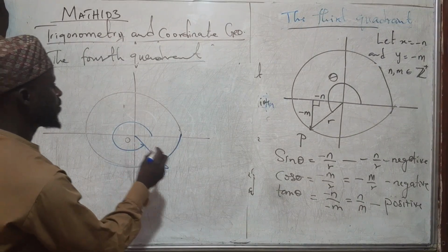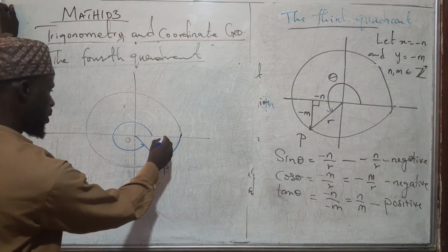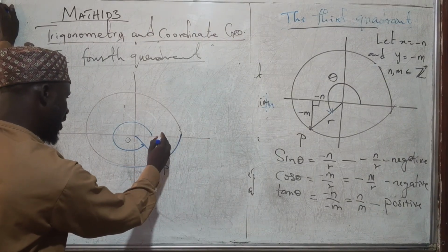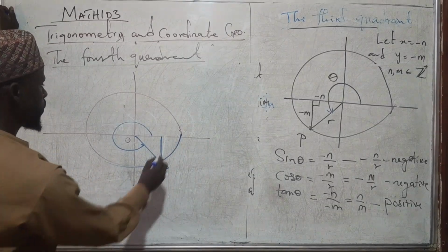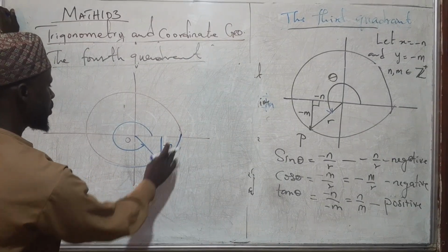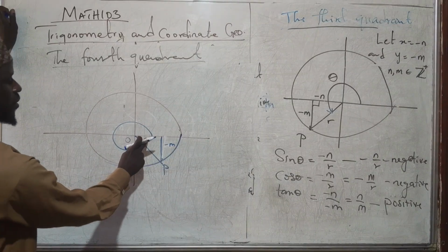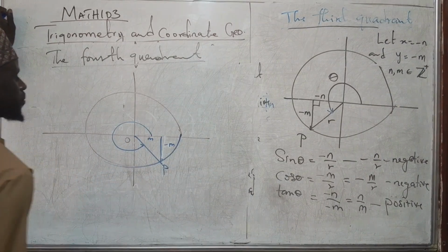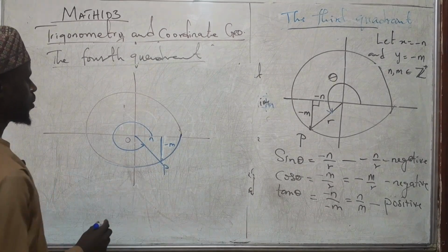And we see that y is negative in this quadrant, so say minus m. But x is positive, give it n, or you just write x.